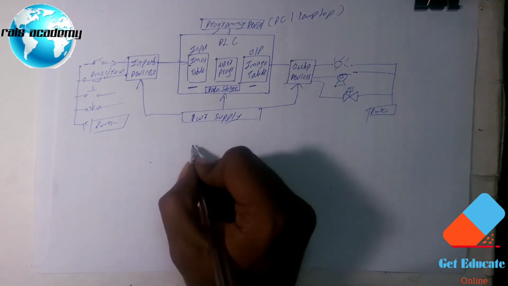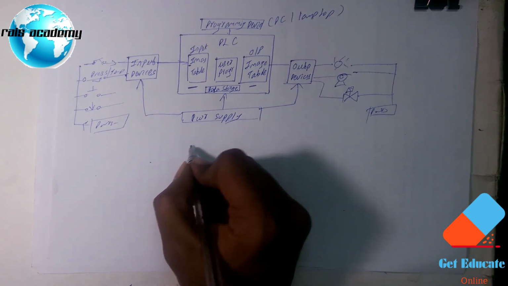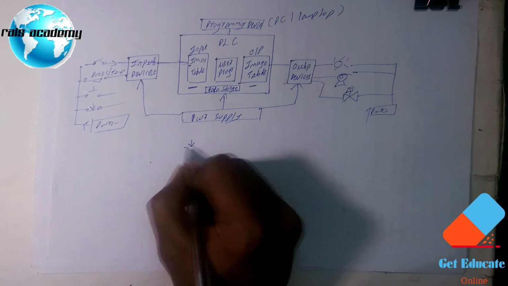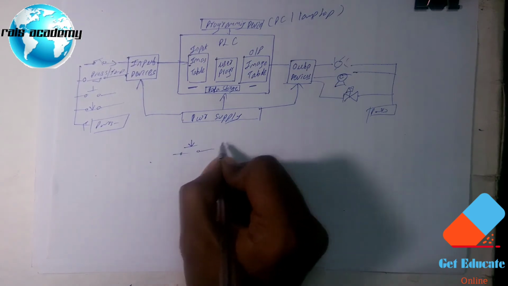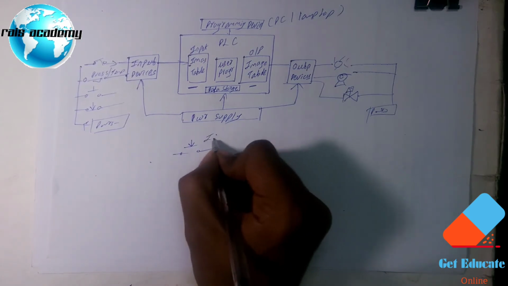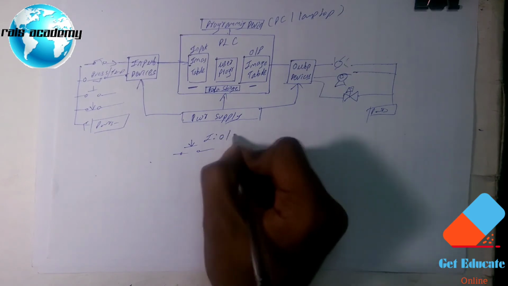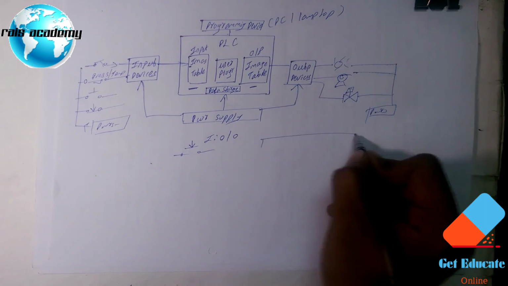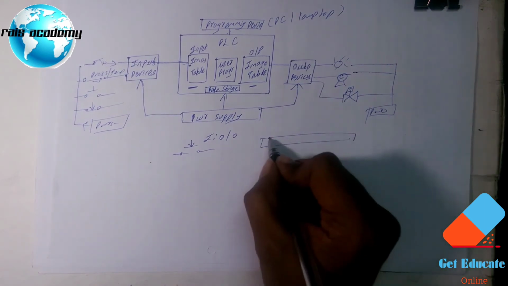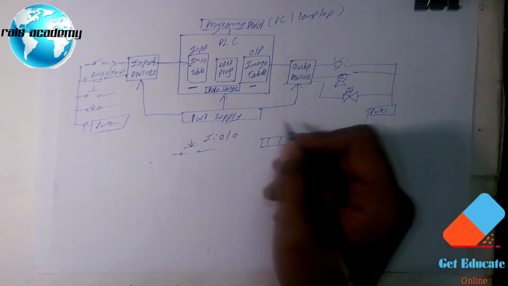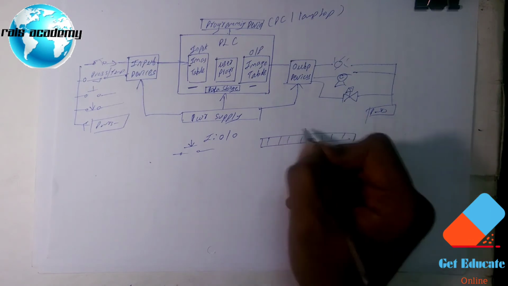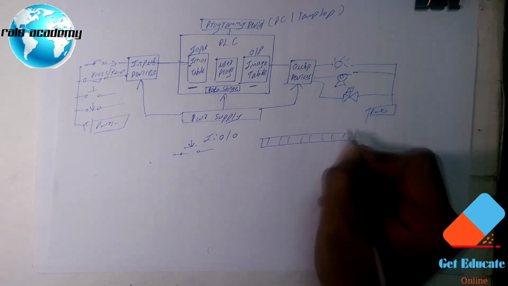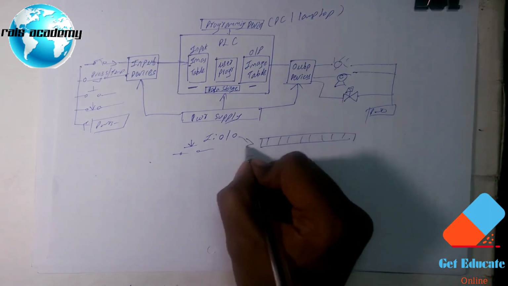Let us assume a push button, and let its address be I:0/0. So there is a 16-bit register in a PLC where this address belongs.